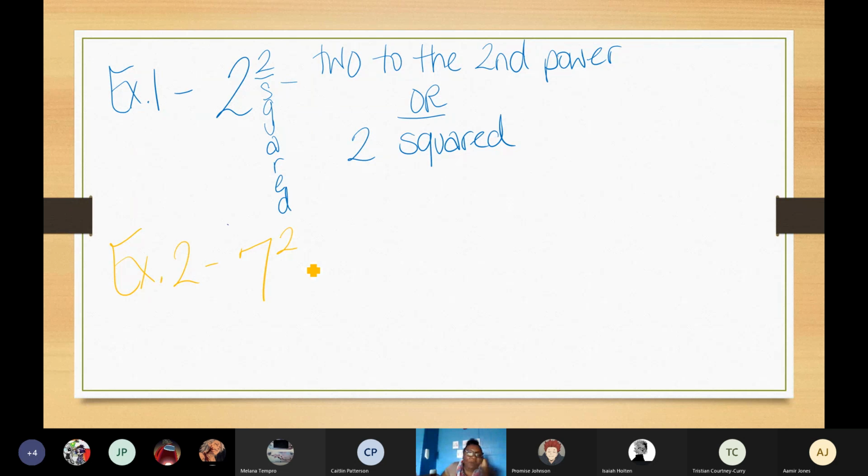So if Miss Neville told you to write 7 to the second power in expanded form, how would you write that? 7 times 7. Very good. 7 times 7.